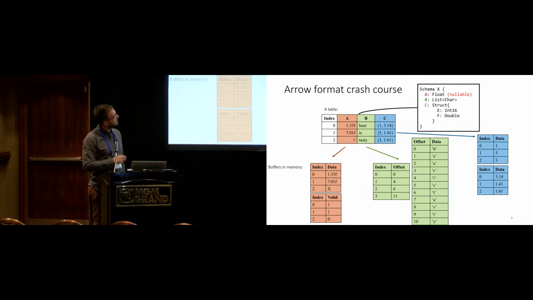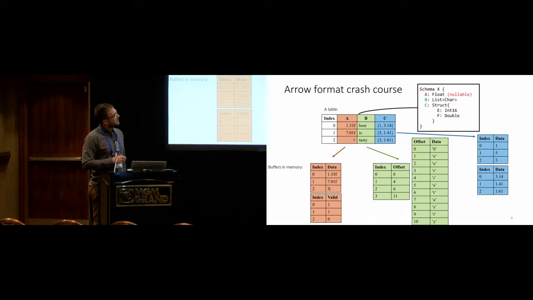In the case of this floating point number here in the first column, you can just say, the name of this column is A, and it contains floats. And there's another thing that Arrow allows you to do, and that's to specify that data can be null or invalid or whatever. So that's why this thing is here. To simplify the other examples, I left that out in these ones.